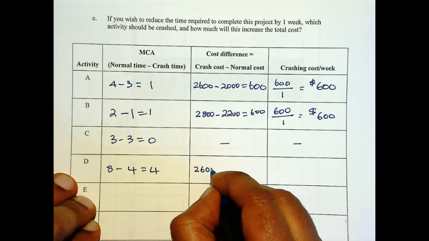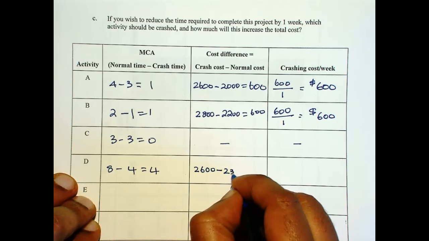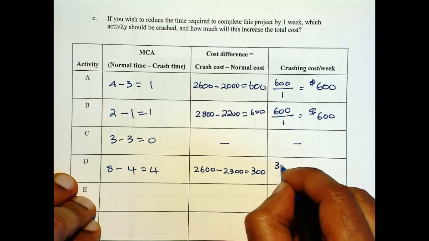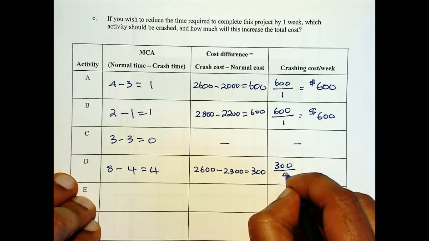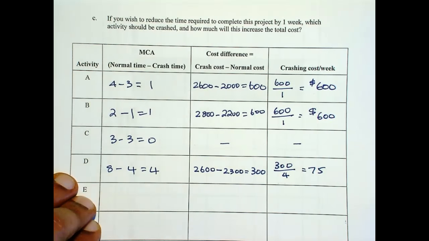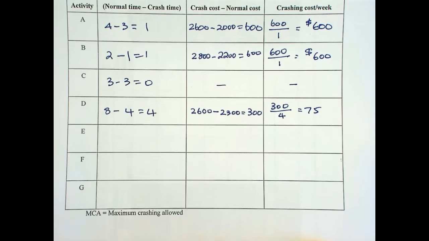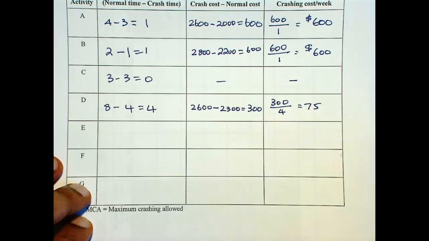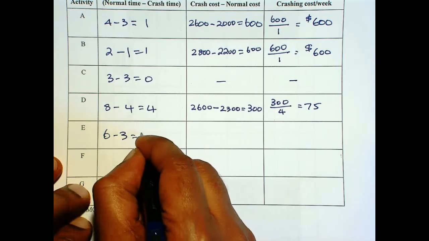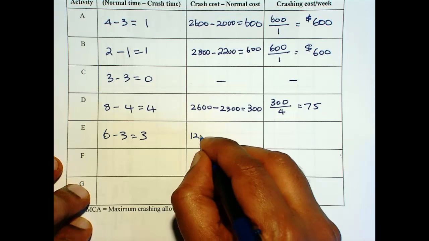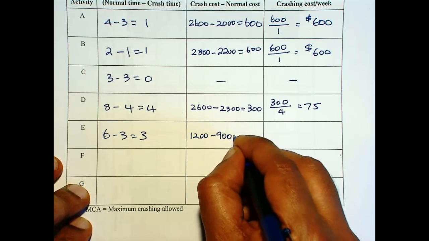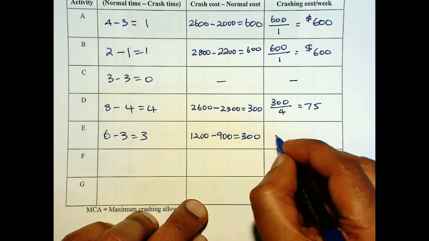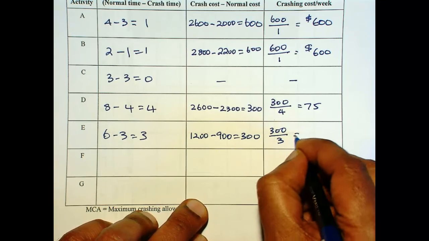E is 6 minus 3, 1200 minus 900, so you get 300 over 3 is 100. 3 minus 2 is 1, so 4200 minus 3000 is 1200.